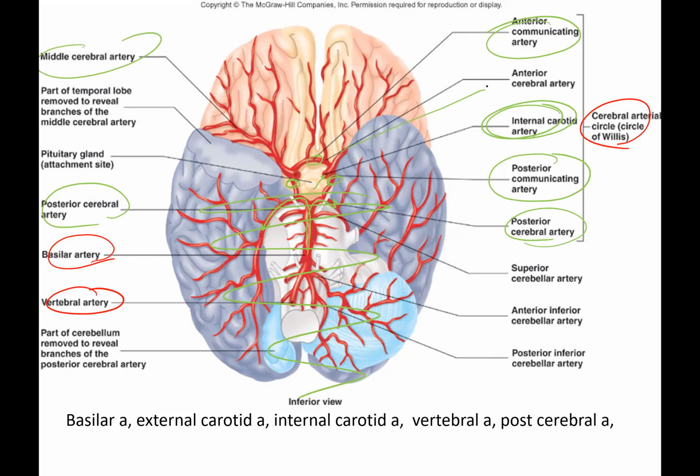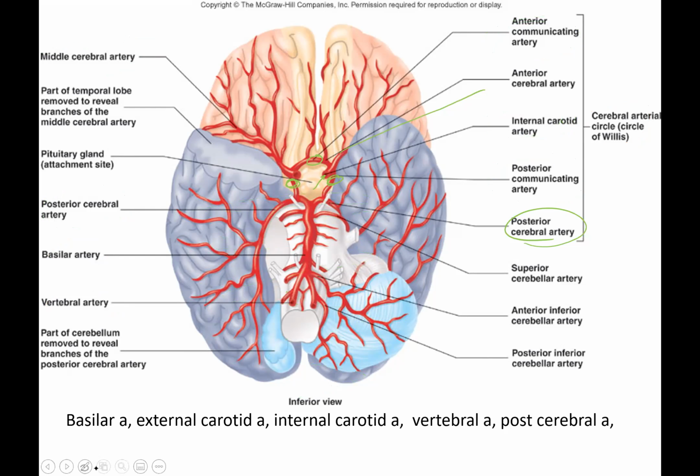Now, for stroke reasons, I want to give you a little visual here. If a person has a stroke, the deeper and more central the stroke, the more detrimental it is.